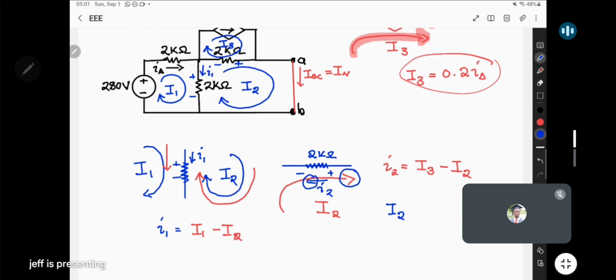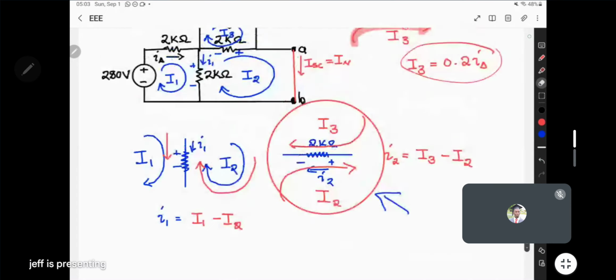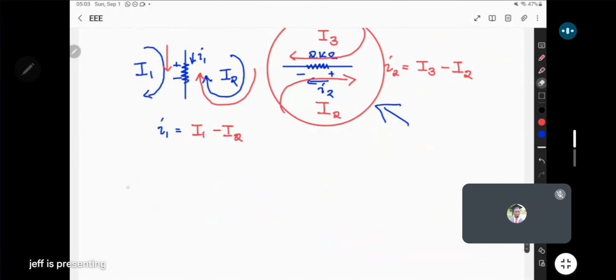They would have been related, but they would have been in opposite direction. So I would have put a minus there. So this is how it would have been if we only had one mesh active there. So from here, we have seen that by looking at mesh I3 there, the one on top, automatically we come up with a conclusion that I3 will be equals to 0.2 I delta.